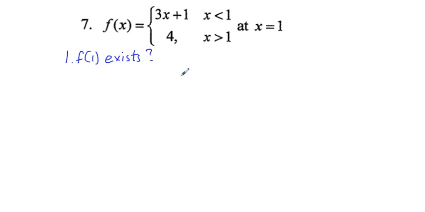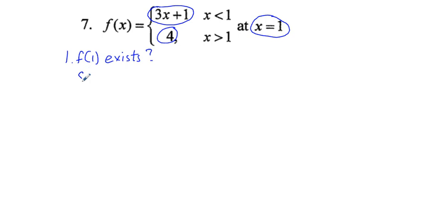Well, we have our piecewise function defined for x less than 1, and also for x greater than 1, but we do not see any of these as greater than or equal to, do we? What that means is we do not have our function defined for x equals 1, and one of the things that we need is f of 1 exists.